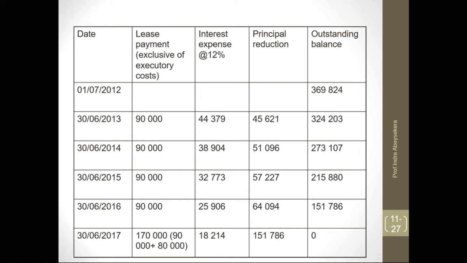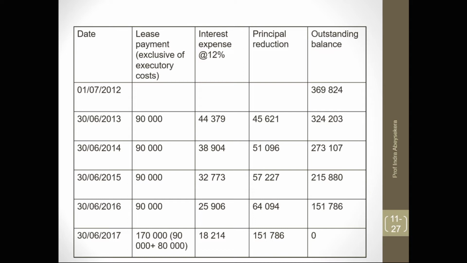So out of the 90,000 for the year ending 30th June 2013, 44,379 is interest expense, and the difference is principal reduction, 45,621. The outstanding balance decreases by 45,621 to 324,203.